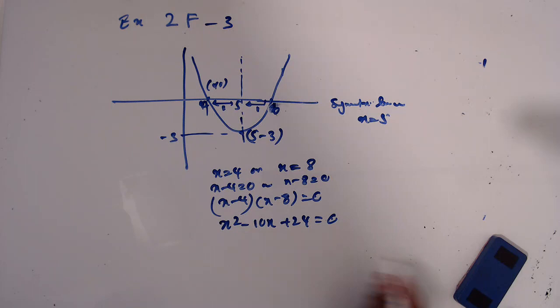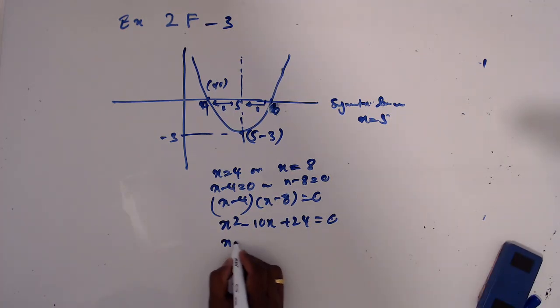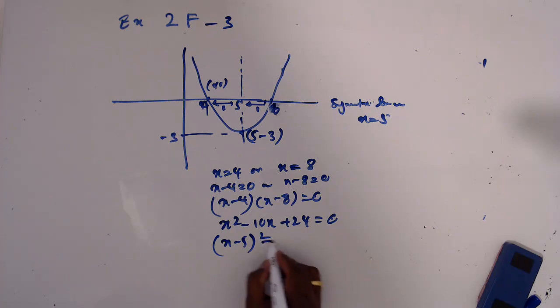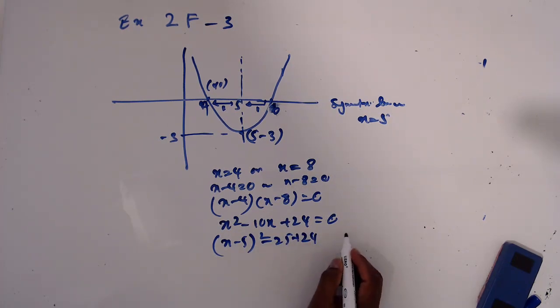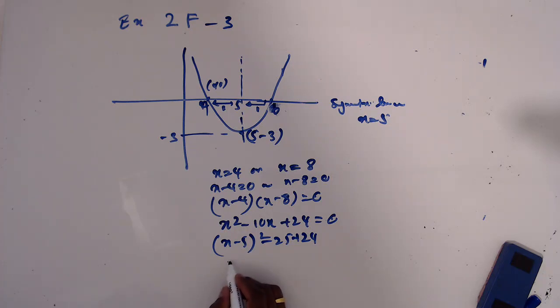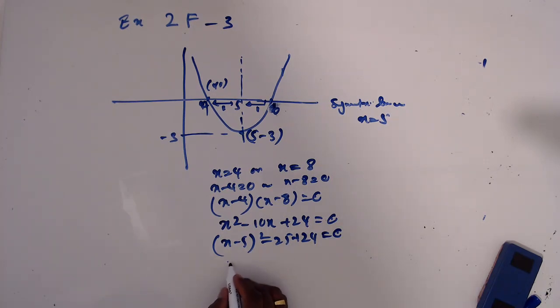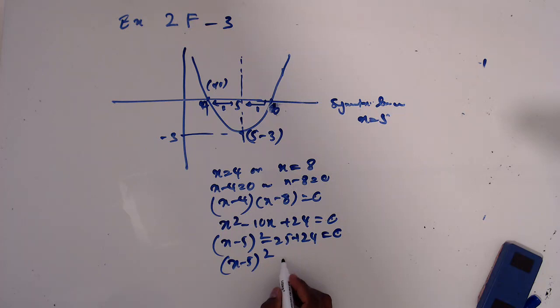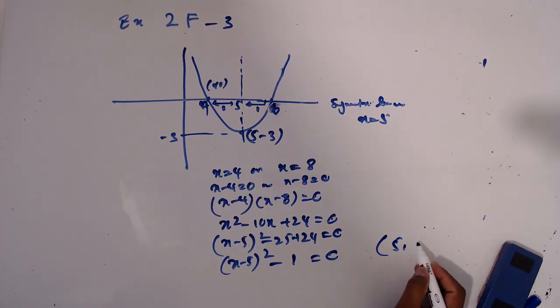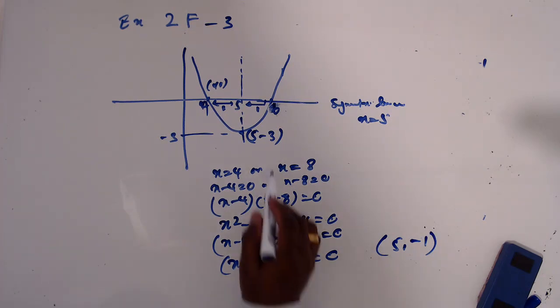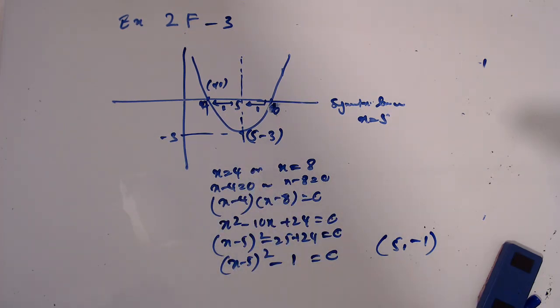So when I complete the square for this one, x minus 5 square minus 25 plus 24 equals 0. So x minus 5 square, this is going to be minus 1 equals 0. According to this one, the minimum is 5 and minus 1. But really the minimum is 5 and minus 3. Then we have to multiply this equation by 3.